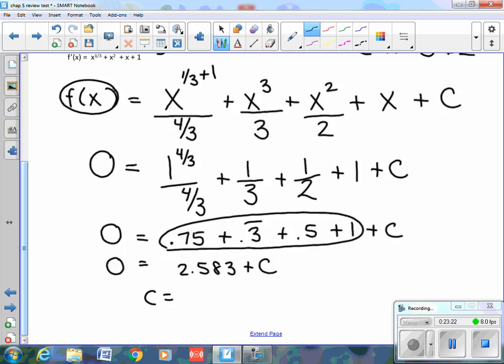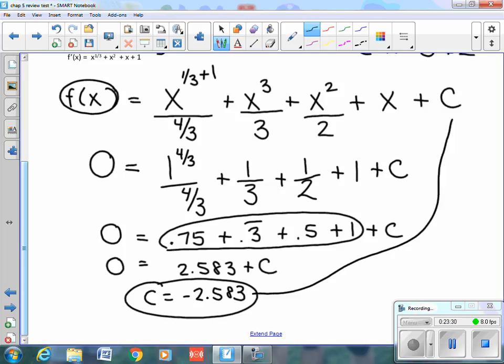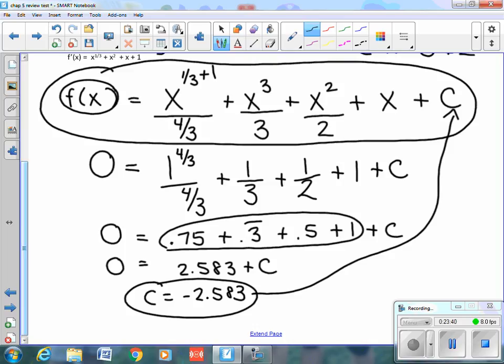So c must equal a negative 2.583. So all you have to do is go up into here, erase the c, and in place of the c, put a negative 2.583. And this is what I want to see as your final answer on the test.